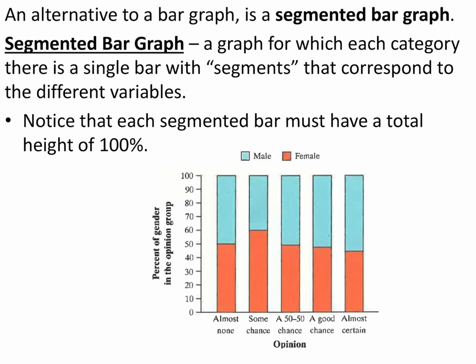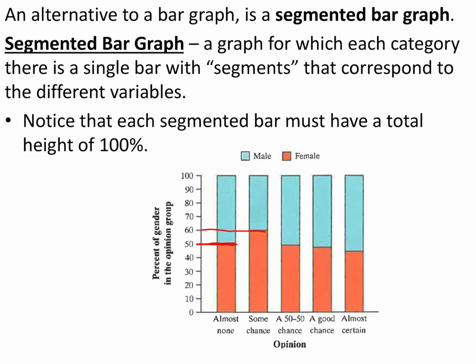If you want to compare 2 different categories at the same time, you can use a segmented bar graph. This is just a graph for which each category has a single bar with segments that correspond to the different variables. Notice that each segmented bar must total up to a height of 100%. So if we look at almost none, we can see 50% are female, so the other 50% are male.